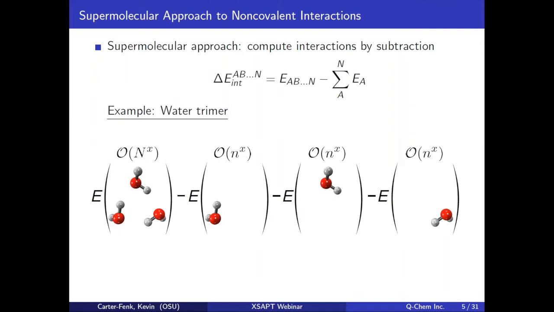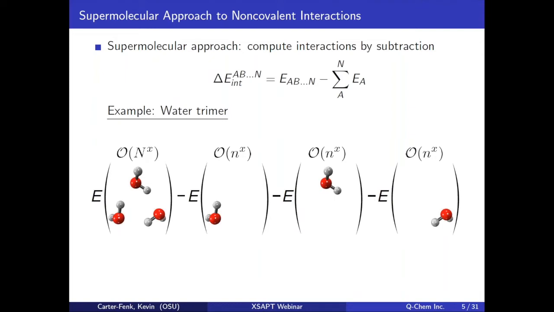So the first term, the calculation of the supersystem energy, scales with capital N to the X. So the X depends on the level of theory applied, but say for a DFT calculation, that would be something like N cubed. And capital N here indicates that the calculation scales with the number of basis functions in the entire system.